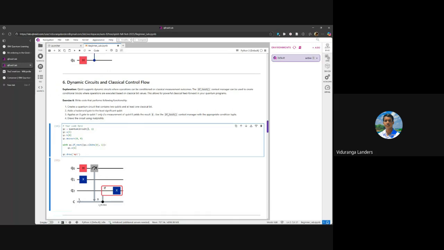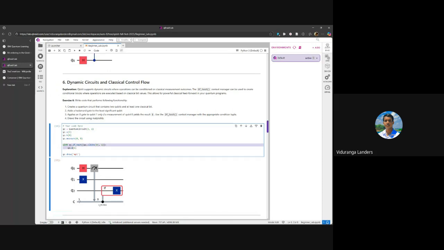So now I have added an X gate to the first qubit, a Hadamard gate to the 0th qubit, and also a measure gate to the 0th qubit, and that value will be stored in the 0th classical bit. I'm reminding this.